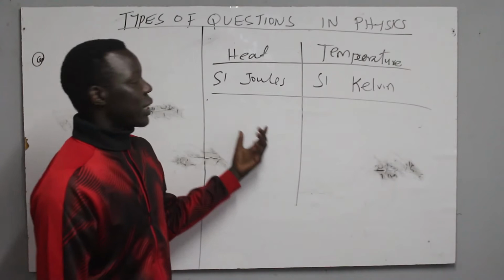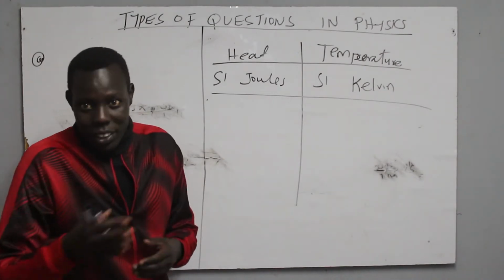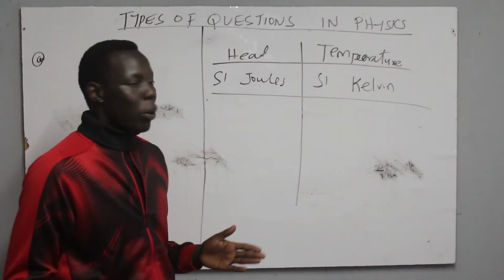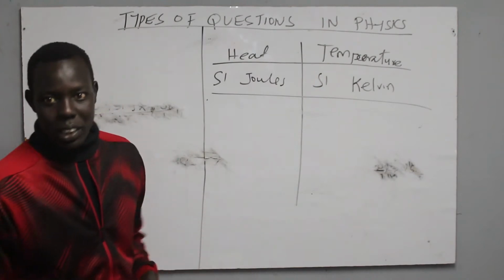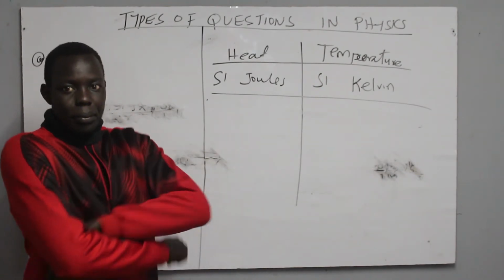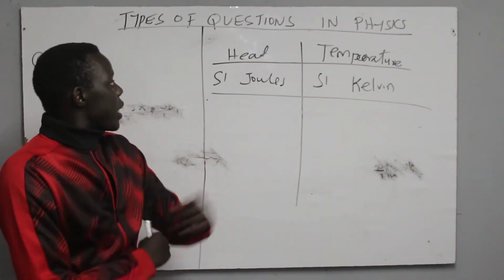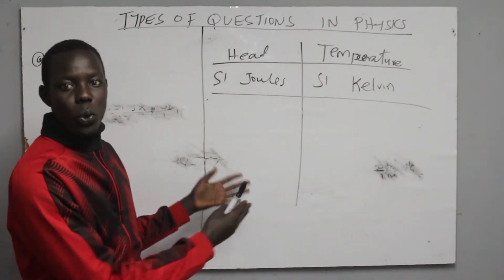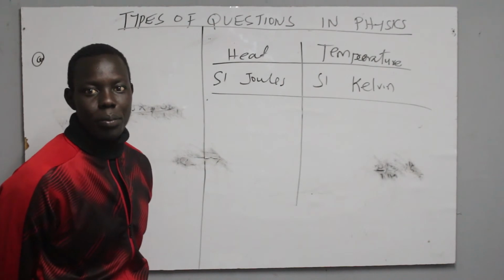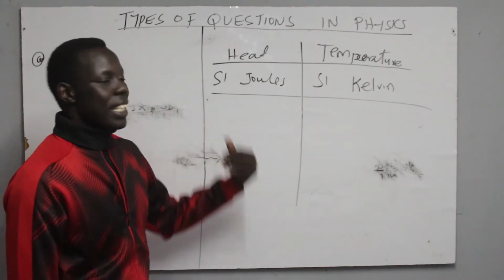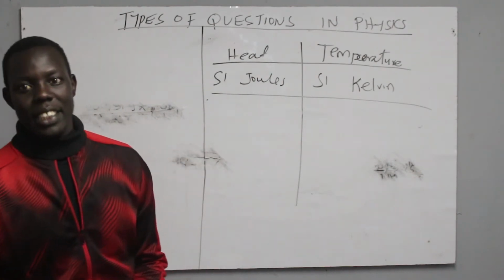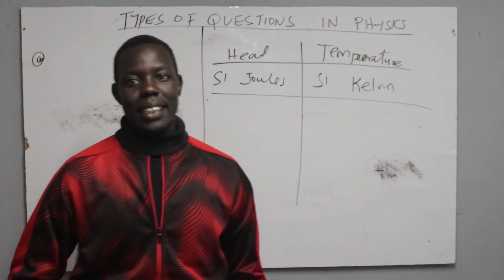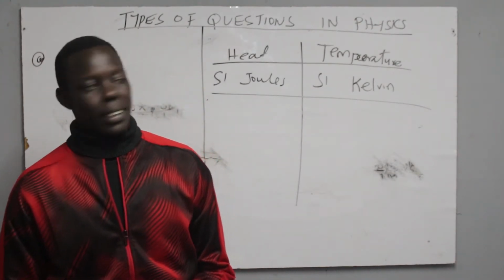The other way to differentiate, I'm not here to teach you but to give you the skill, but because we are talking about heat and temperature, we can give the difference in full. The other way is when you define heat and you define temperature. Heat is a form of energy that flows as a result of temperature difference.